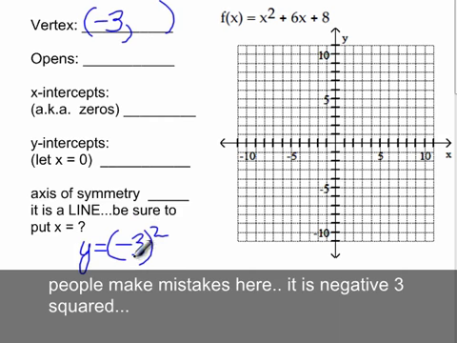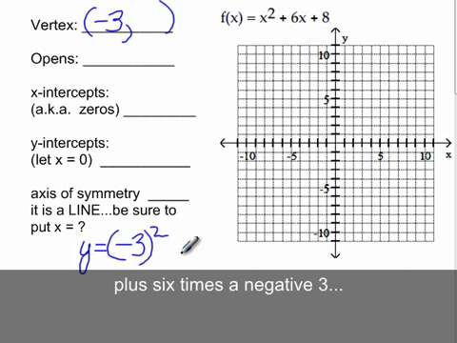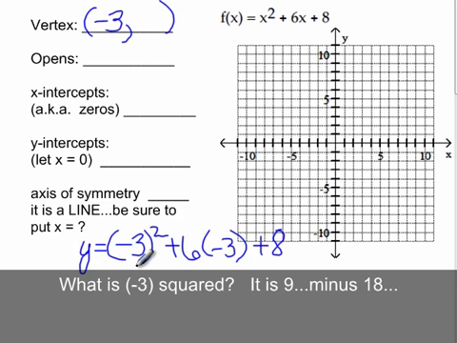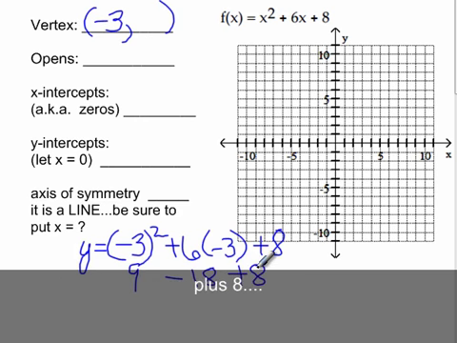It's negative 3 squared plus 6 times a negative 3 plus 8. Okay, what is negative 3 squared? Yes, it is 9 minus 18 plus 8. 9 minus 18, that's a negative 9. Negative 9 plus 8 is a negative 1. I have found my vertex.